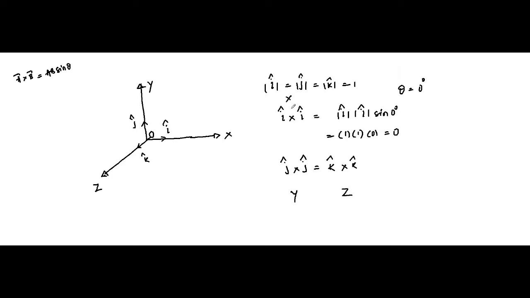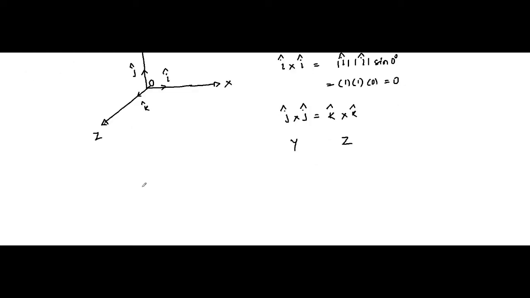Now we all know for parallel or anti-parallel vectors, the cross product or vector product is 0. So from this discussion, we conclude that the cross product of unit vectors with themselves gives us 0 as the result.